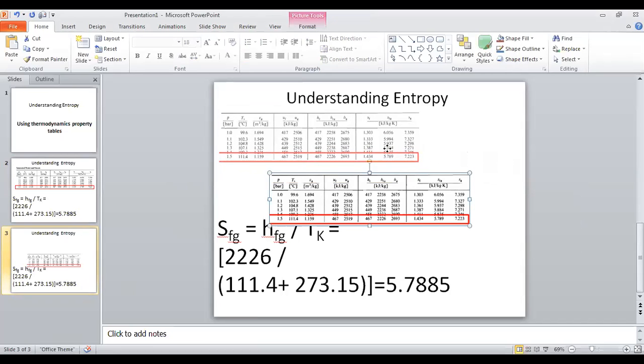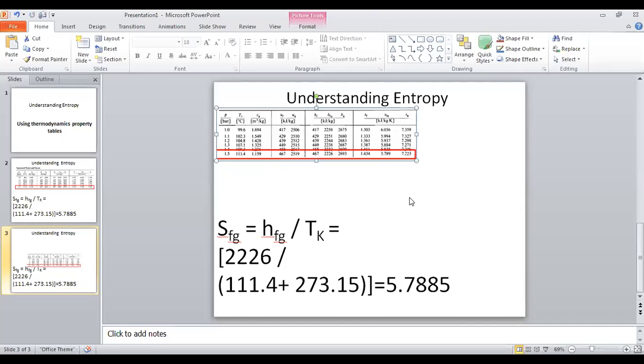I put it in a very smaller scale, just for you to see how you are going to do this experiment. So this is something like a constant pressure heat addition to water.